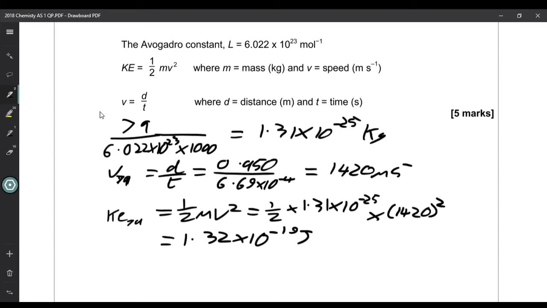So now we know the kinetic energy of 79, we know that the kinetic energy of the 81 isotope must be exactly the same.